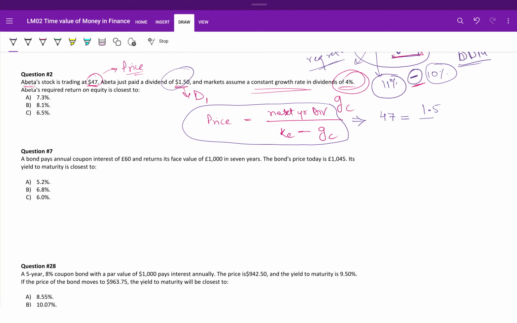Now the cost of equity we do not have. Abeta's required return on equity, we actually have to calculate this variable, and the dividend growth constant is 4%. And when I say 4%, always convert this into the appropriate form and never forget the percentage sign. So Abeta's required return on equity is closest to what?